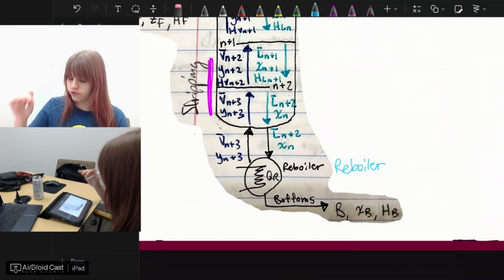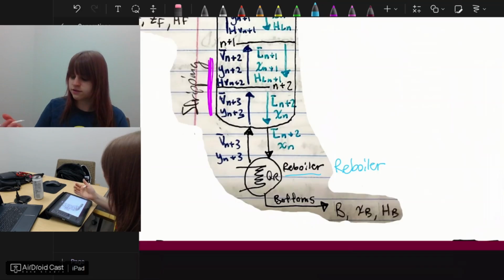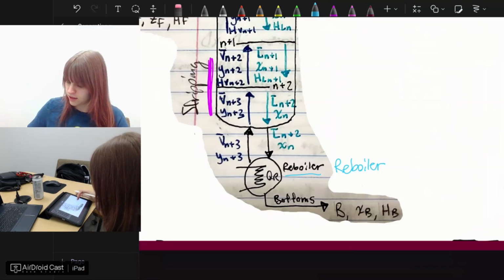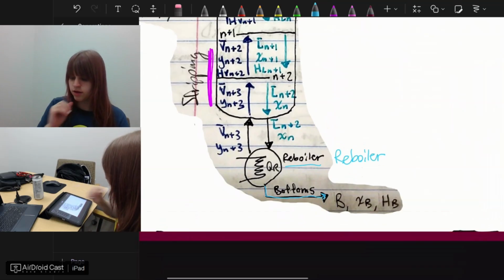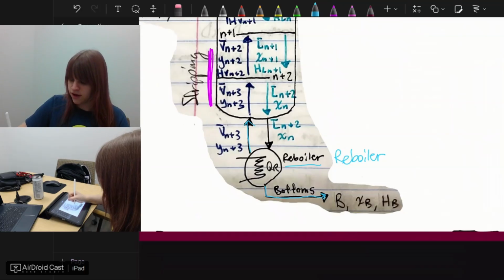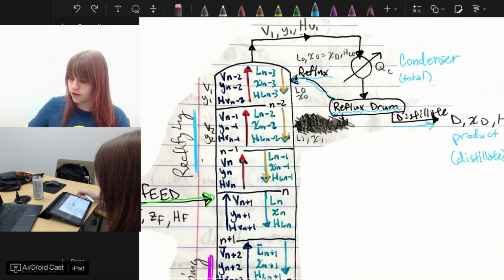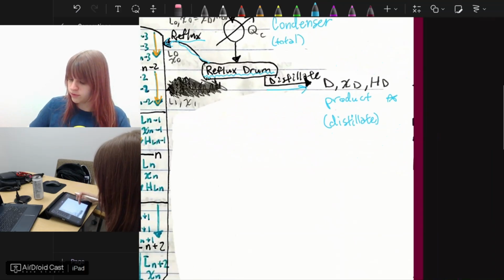And the liquid that falls down to the bottom, this reboiler will vaporize the components, and what comes out as a liquid is the bottoms. Ideally what gets turned back into a vapor would be your more volatile component. The more volatile component is going to come out up here, and the less volatile component will end up down here.